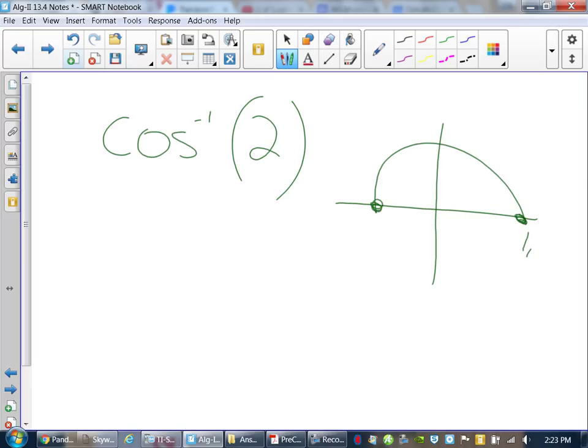What's the ordered pair at 90? (0, 1). What's the ordered pair at pi? (-1, 0). Does anywhere along that go beyond 1 or negative 1? Can any angle's cosine equal 2? No. That's impossible.